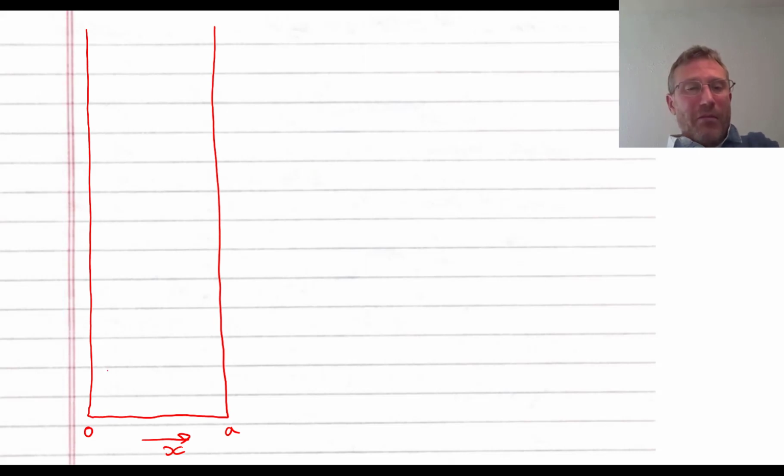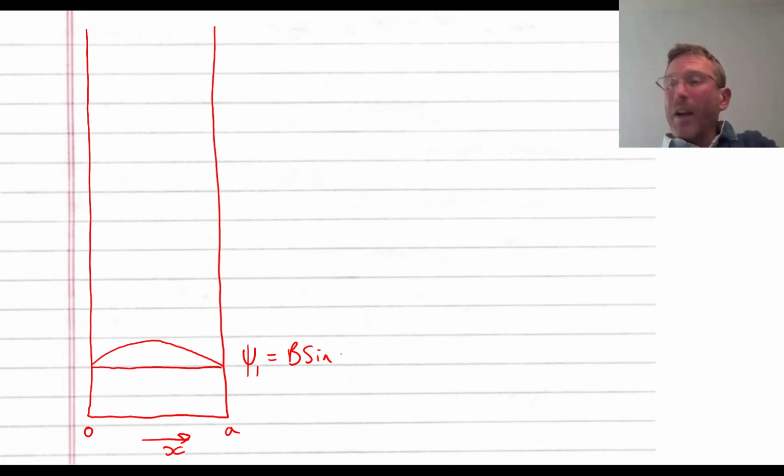And what we're going to do is start to think about the wave function as a function of n. So, for example, psi 1 is equal to b sine, well, n is equal to 1, so the n becomes 1, so it's sine pi x over a.